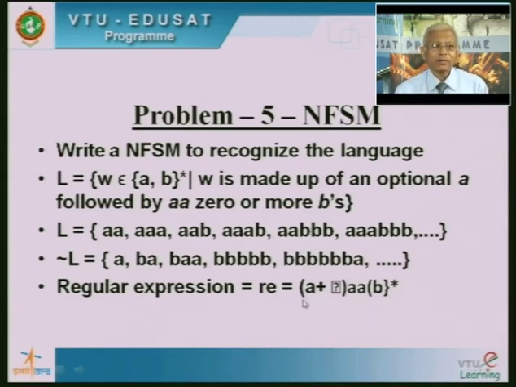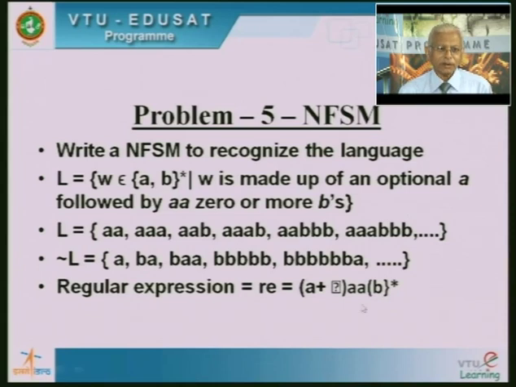See, this should be written as A or epsilon, that is, either a character A or it can be null, the empty string, followed by two A's which are a must, then followed by B star. B star means there can be 0, 1 or more B's.